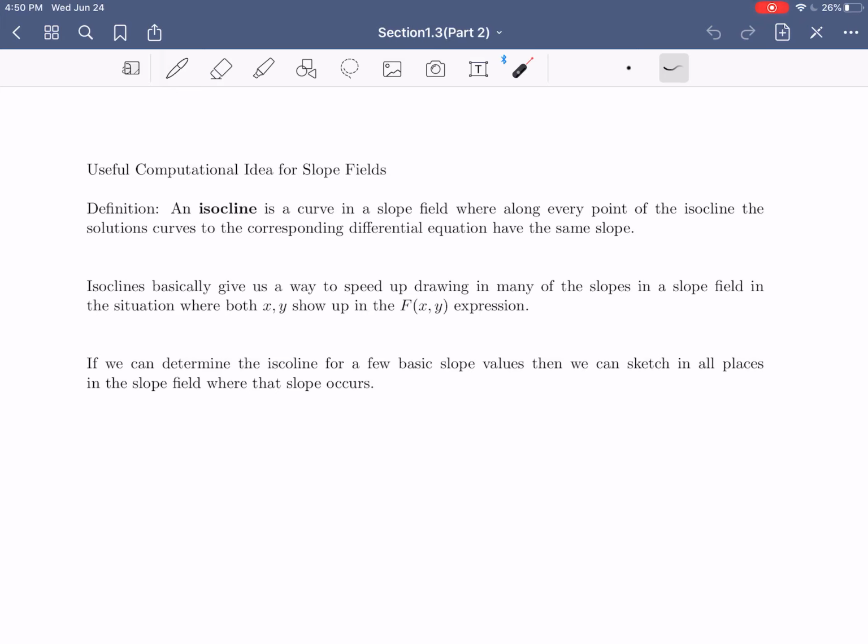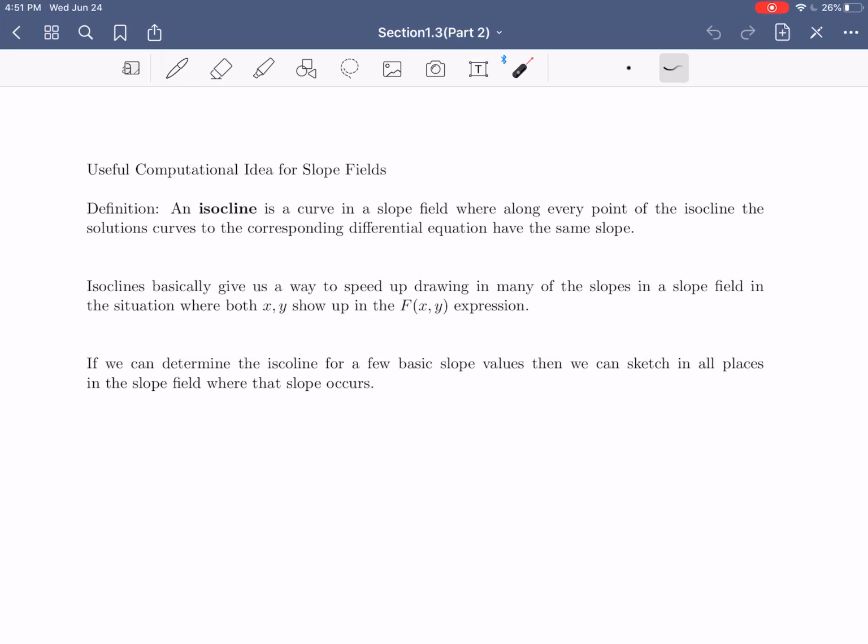But for us, they give us a way to speed up drawing in slopes in slope fields, especially when both x and y show up in the f of x, y expression where we set y prime equal to f of x, y. If we don't use isoclines, we have to manually take tons of different combinations of x values and y values, plug those into the differential equation, and figure out the derivative at each point. Isoclines are basically an efficiency technique.